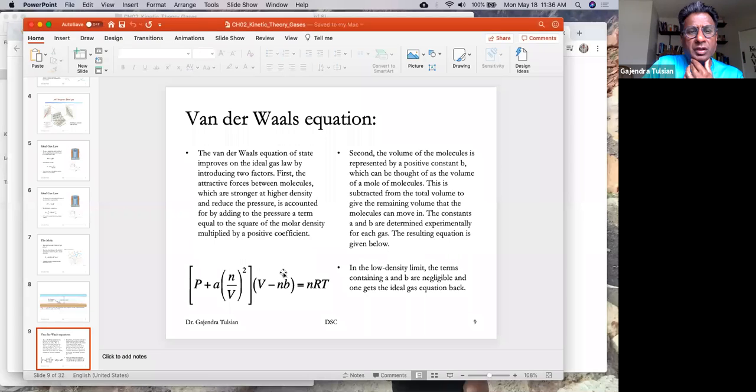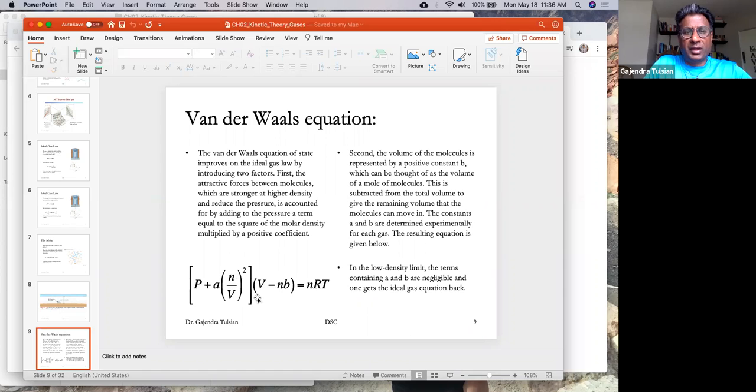So for a non-ideal gas, this is the correction. In the low density limit, the terms containing a and b are negligible, and one gets the ideal gas law back: P times V equal to nRT.